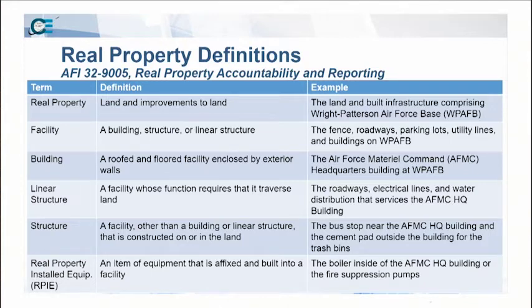Now, I want to put specific emphasis on the last term. We have to consider some of the larger or integral equipment items which allow a facility to meet its intended purpose. In order for us to do this, we must define something called real property installed equipment, or RPIE.